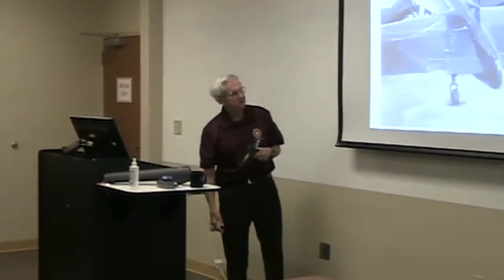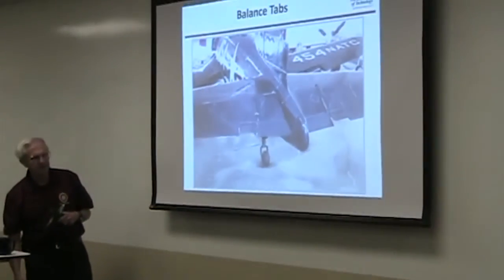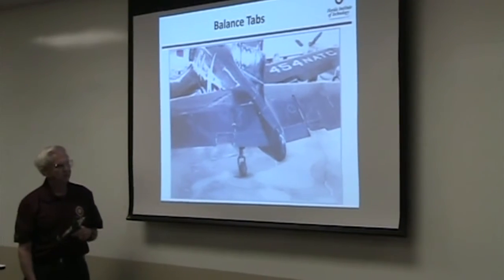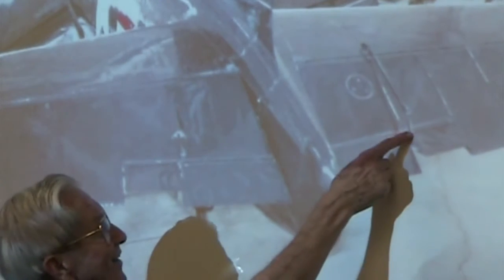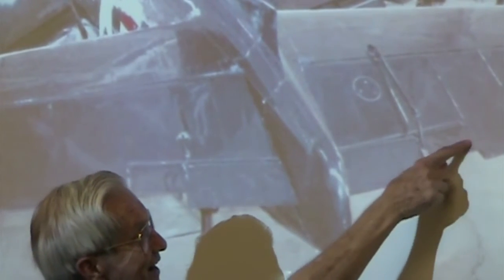Here's an example. Took this out in Arizona at the, I forget what the name of that museum is, but this is a Corsair from World War II. Notice that, look at this rod here connected to this tab.